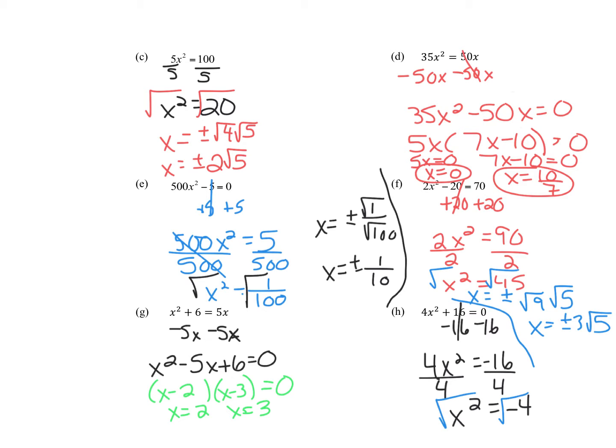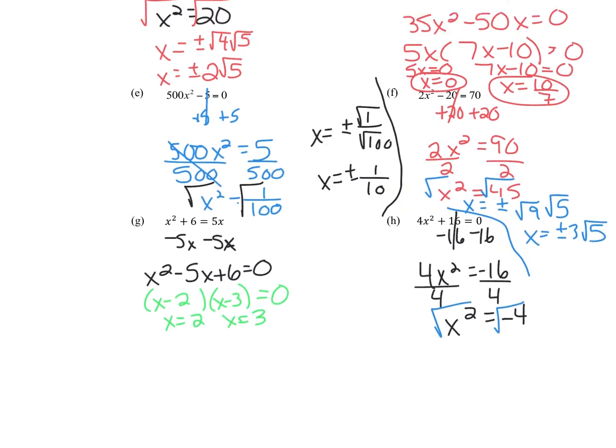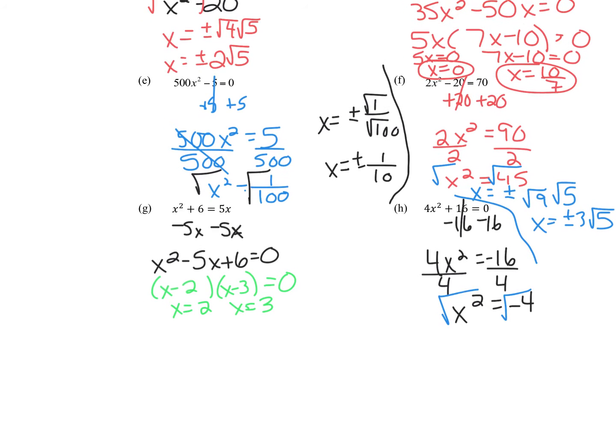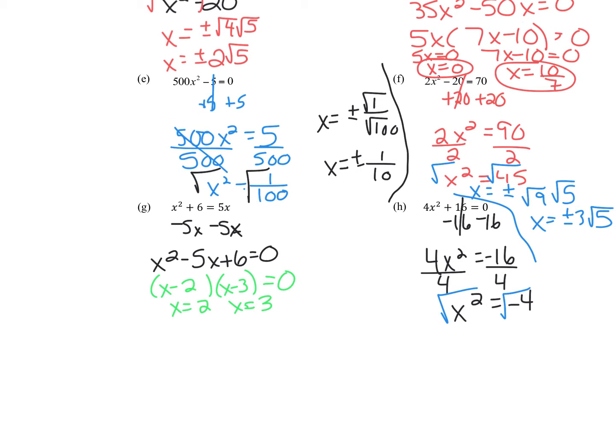So for now, what we're going to write is, on this one, that there are no real solutions. Okay, and this word real is important because actually in a few days we will have solutions for it. We just have to introduce totally different types of numbers in order to express those.